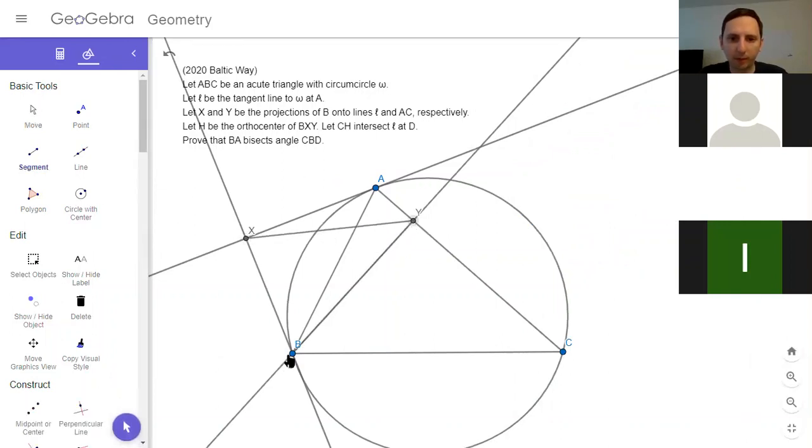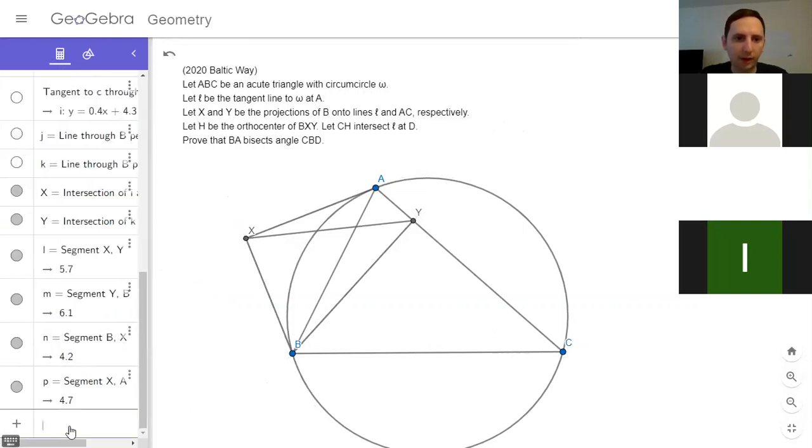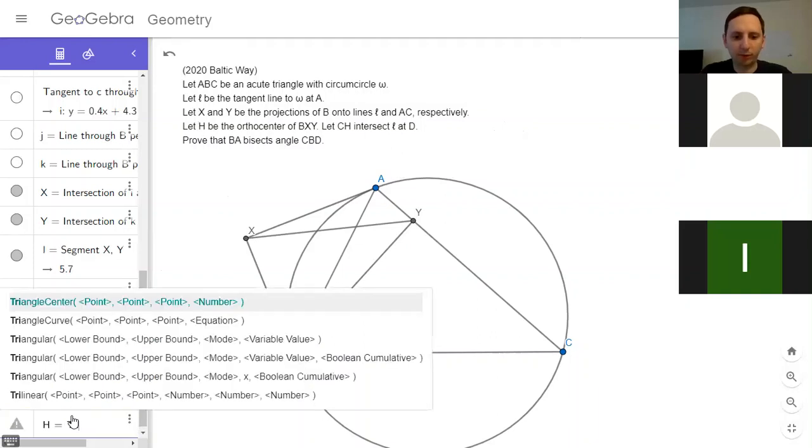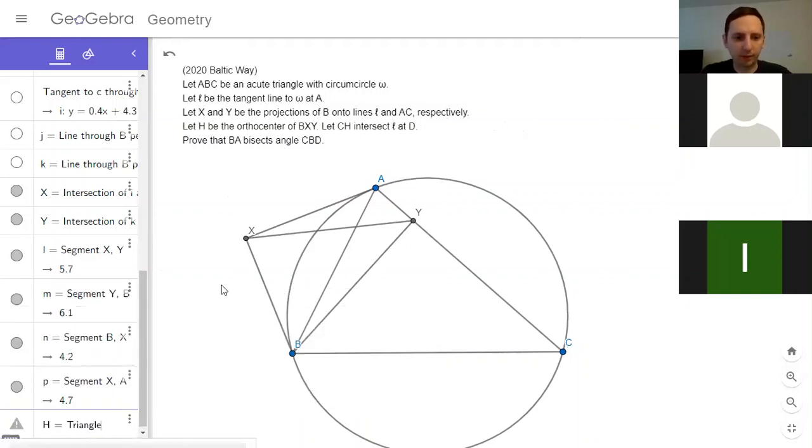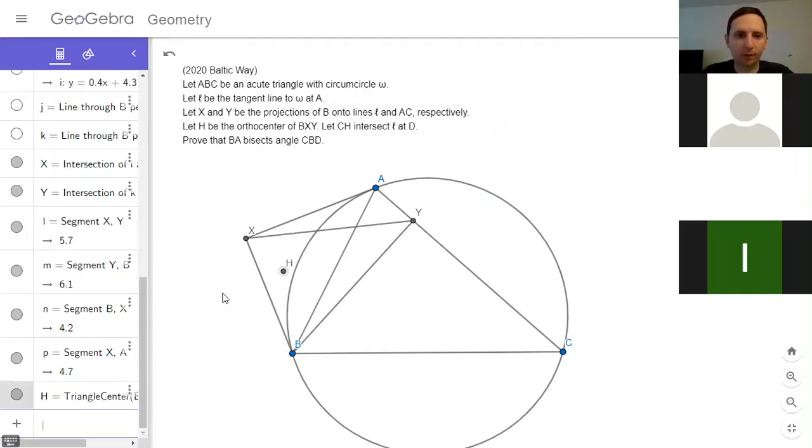So let me clean up a little bit here. Okay. So then we have H equals triangle center. There we go. That's the orthocenter. We want to show BA bisects angle CB.